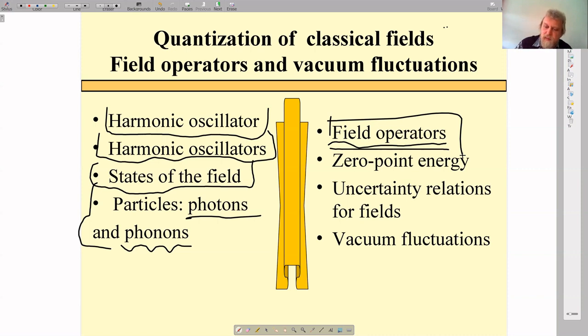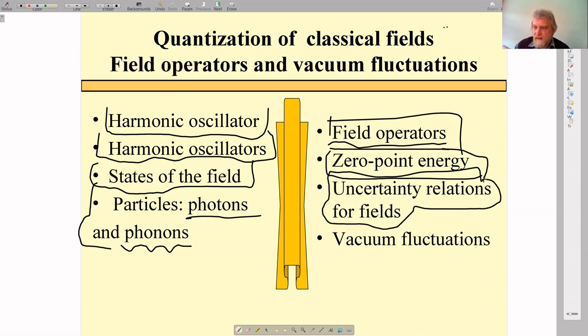and with this we go for a set of interesting related topics that include zero-point energy and quantum fluctuations in an oscillator. Fields will become operators, and there can be uncertainty relations for the fields. And there are also non-zero values of field fluctuations in the vacuum state: vacuum fluctuations of the fields.